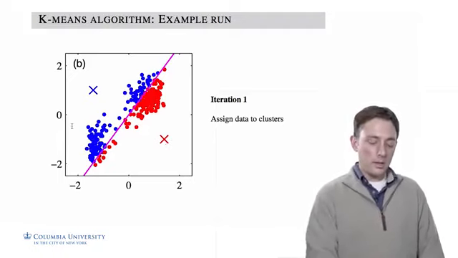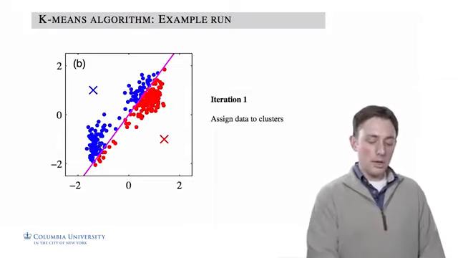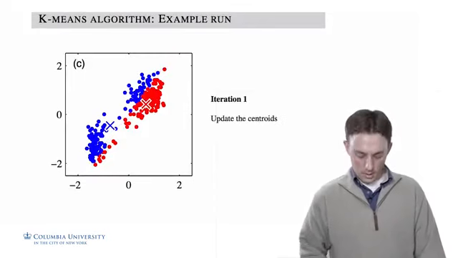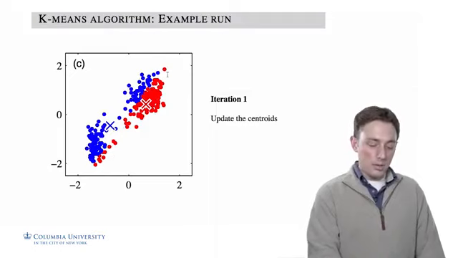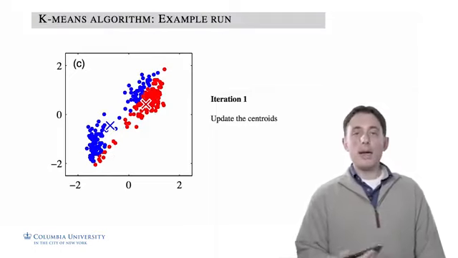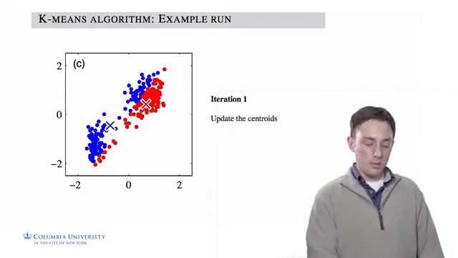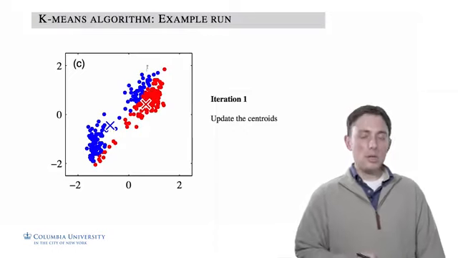All of the data to the left of this pink line is closest to this centroid, so they're all going to be colored as blue cluster points. The next step is now to take all of these red data points and average them and update the centroid for the red cluster, and we get this update. Because there are many more points, it's more dense in this region, the average is going to be right here.